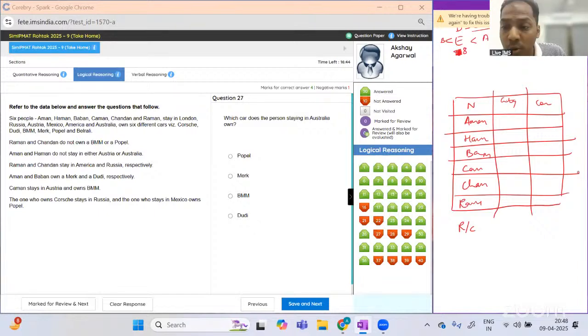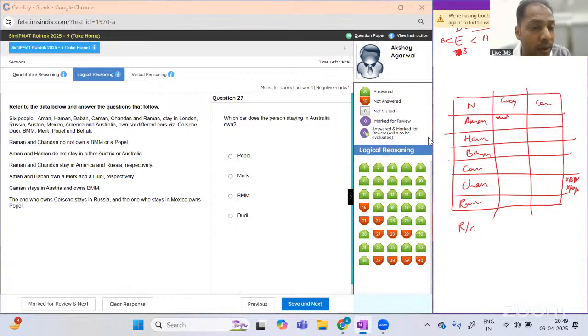Raman and Chandan own no BMW, no Opel. Okay. Aman and Haman do not stay in either Australia or Austria. A and H, neither Austria nor Australia. So no confusion.